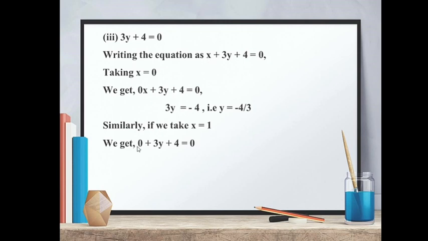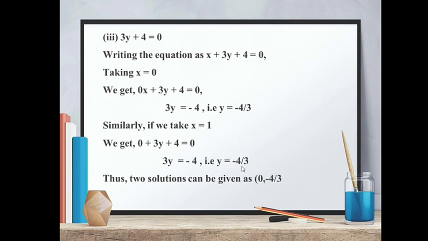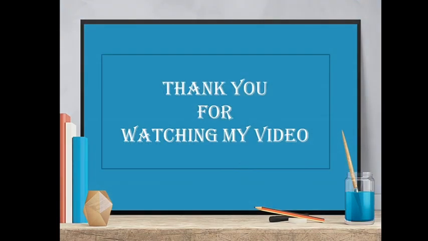So 0 into 1 will be 0. Then we are left with 3y plus 4 equals 0. Then that is 3y equals minus 4, that is y equals minus 4 by 3. Thus the two solutions can be given as (0, minus 4 by 3) and (1, minus 4 by 3).